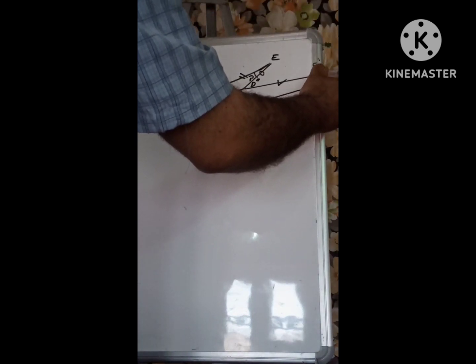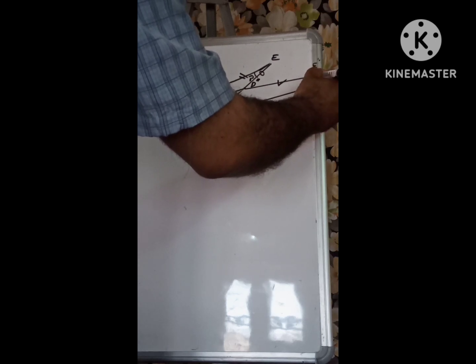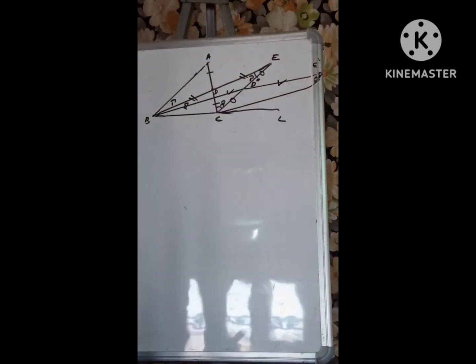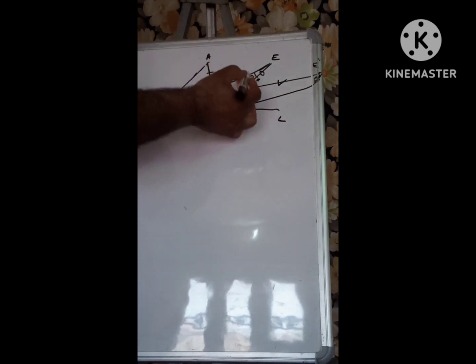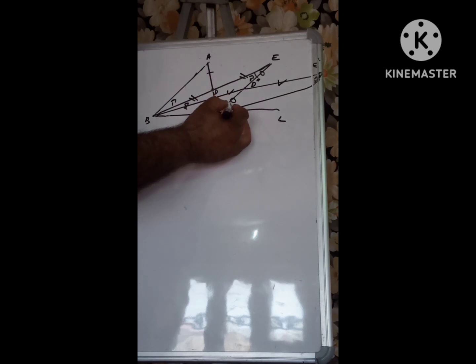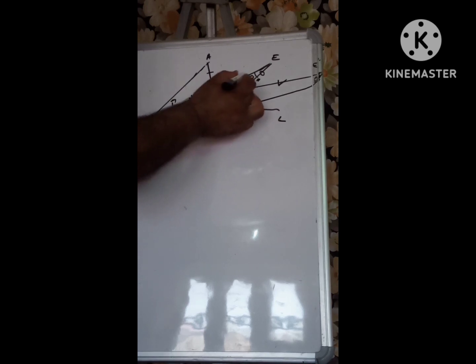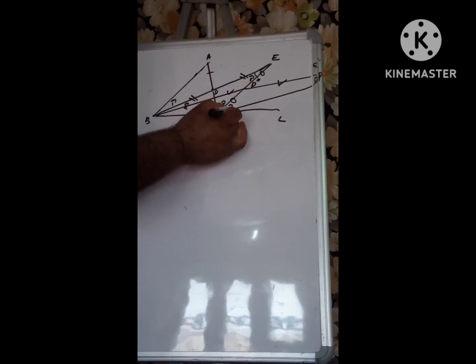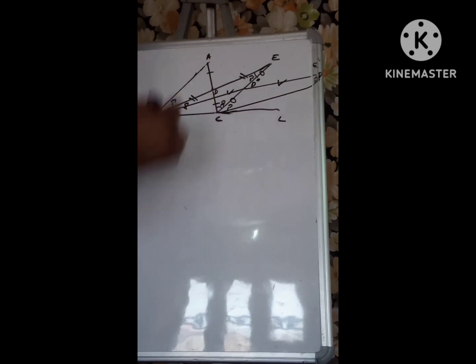That is somewhere here, would be the angle 2 dash. And this angle here, angle 1, would be equal to this angle. Angle 1 dash would be equal to angle 1 dash here then.